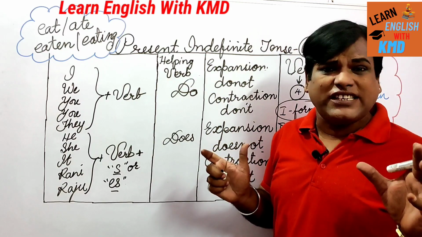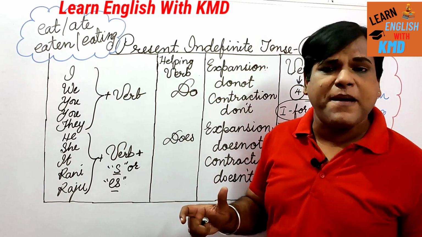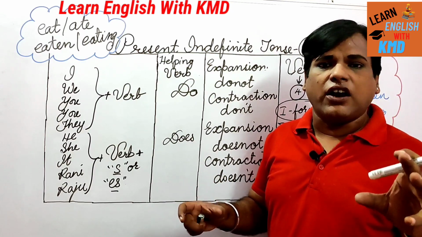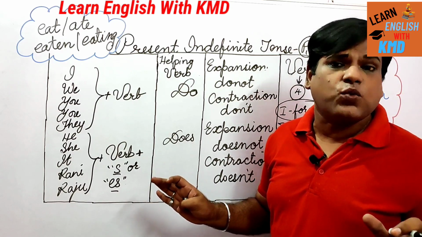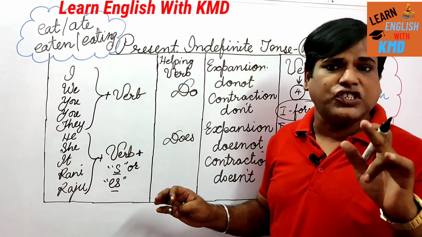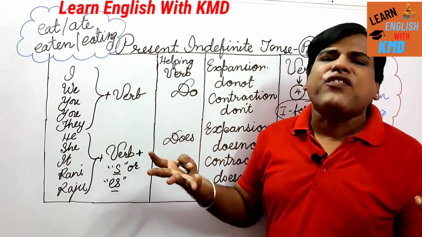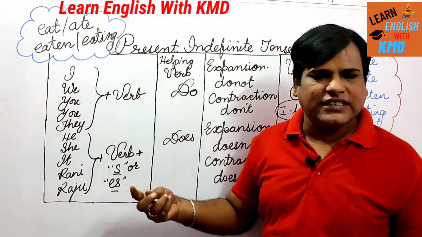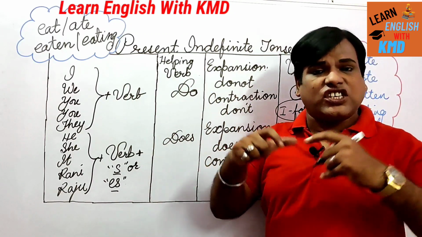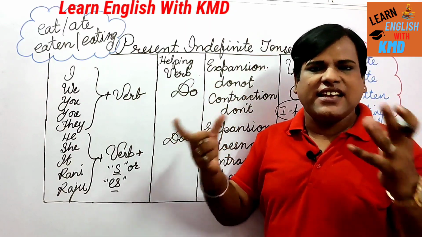All you've got to remember is to use s or es after the verb when you are talking about third person singular. And all you've got to remember is to always start your question with does when you are talking about third person singular. For instance, does your father, does your mother, does your wife, does your daughter, does your son, does he, does she, does it, does Rani, does Raju.